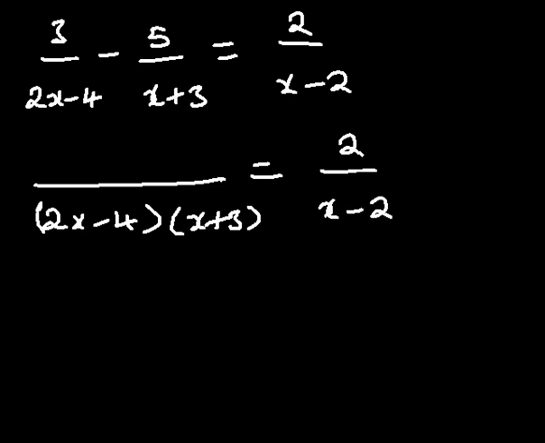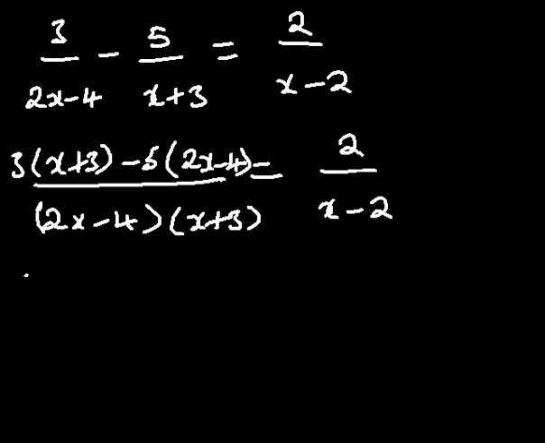And 2x minus 4 times this, we have 3 times x plus 3, minus, and x plus 3 times this, we have 5 times 2x minus 4. Then we'll have to expand here.